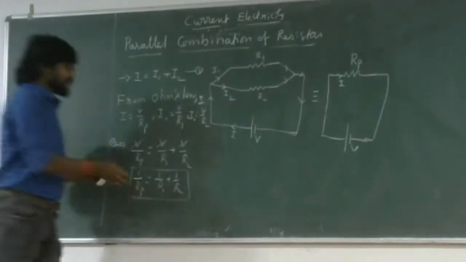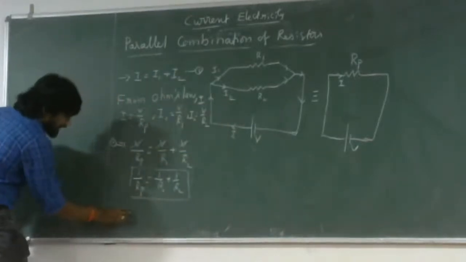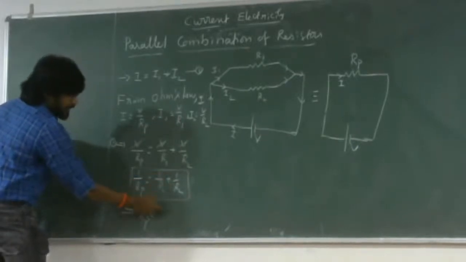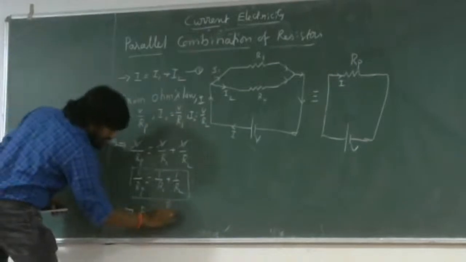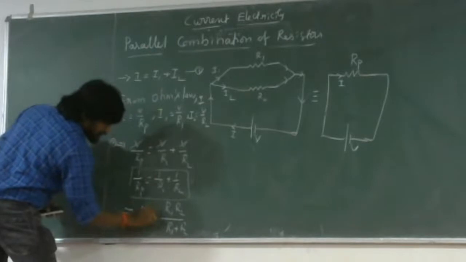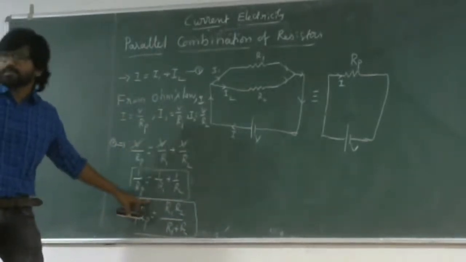You can also simplify this and cross multiply to get Rp is equal to R1 R2 divided by the total R1 plus R2. This gives the effective resistance in parallel combination of two resistors.